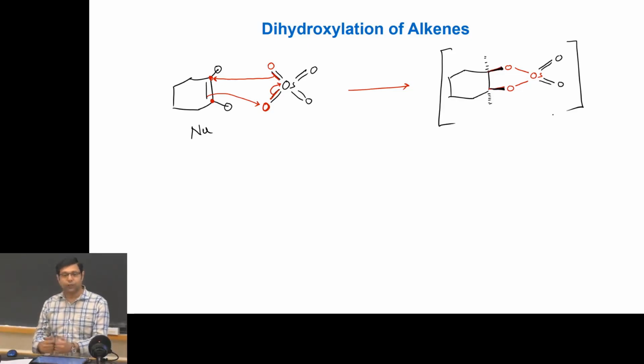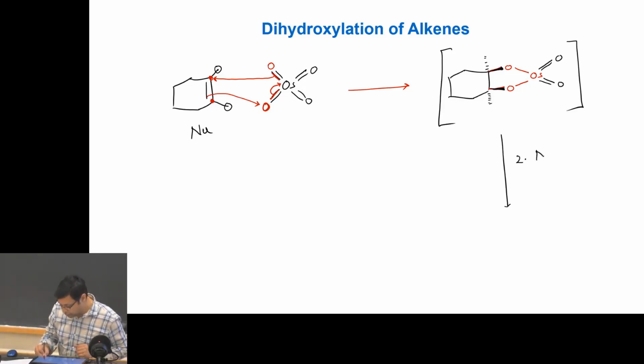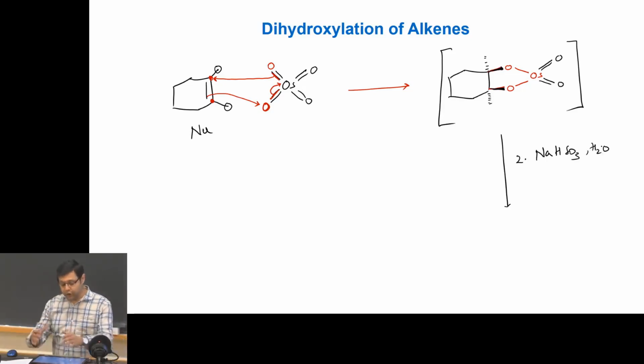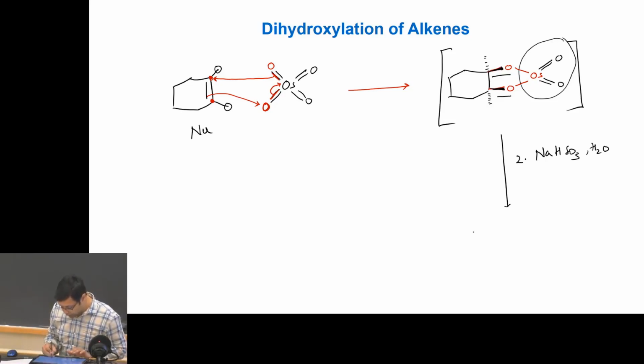All right. Now the second step in this reaction, which is NaHSO3 and some water, does not change the stereochemistry of this carbon-oxygen bond. All it does is cleave this and convert that intermediate to OH.